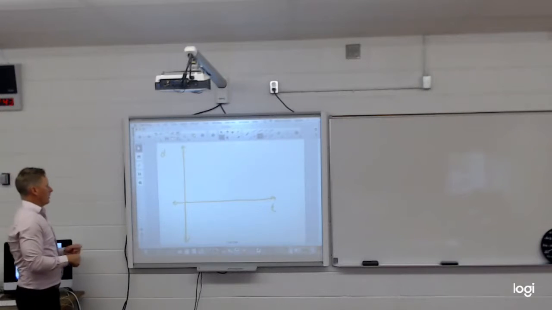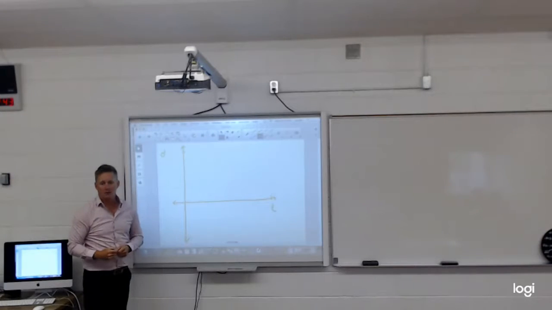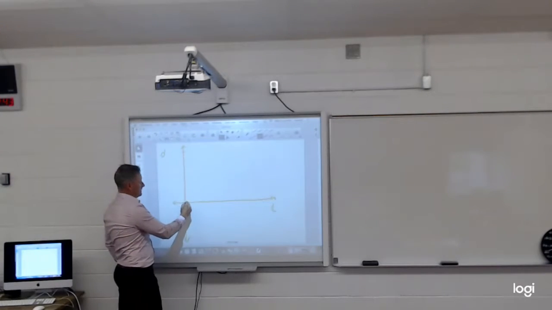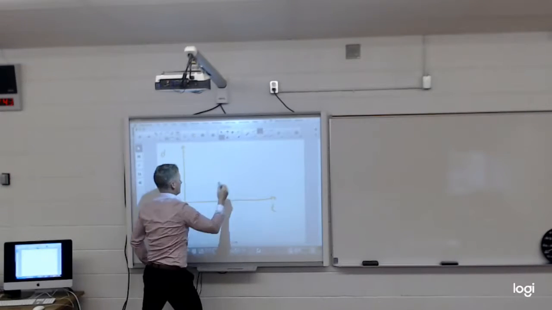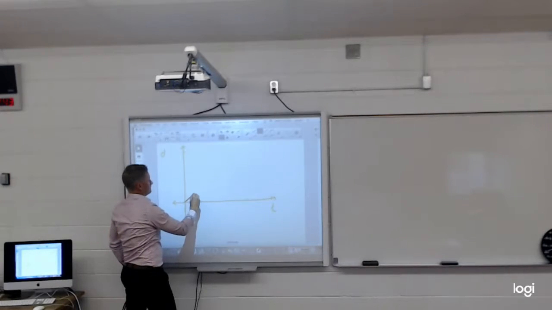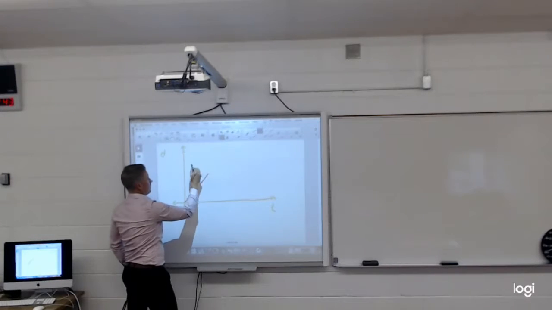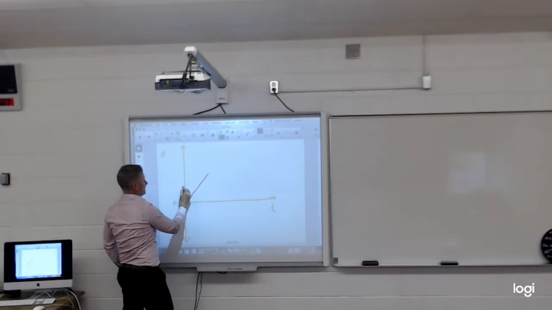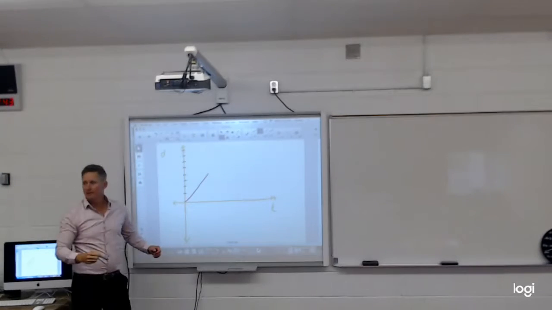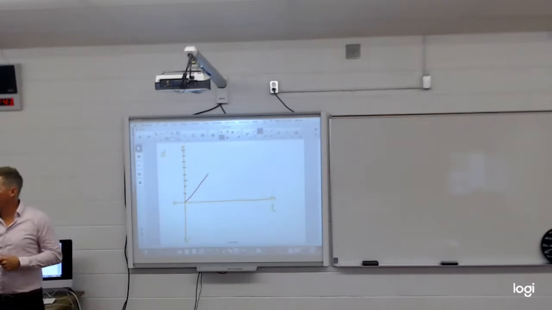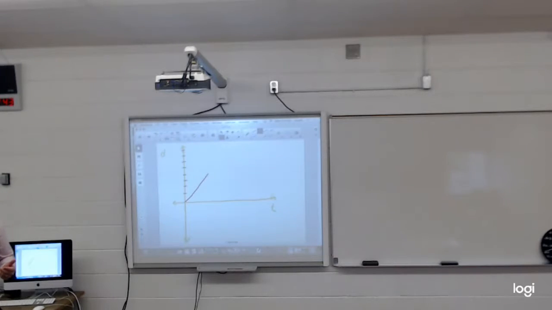So I start out the front door, and as I leave the front door, I am moving away from the school. This is the displacement that I'm getting away from the actual school.